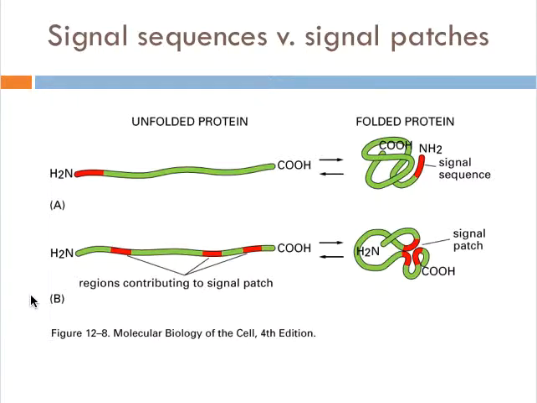If a protein contains a signal patch, it has to be folded before the signal is actually generated. So anything that requires an unfolded protein would not be able to utilize a signal patch.